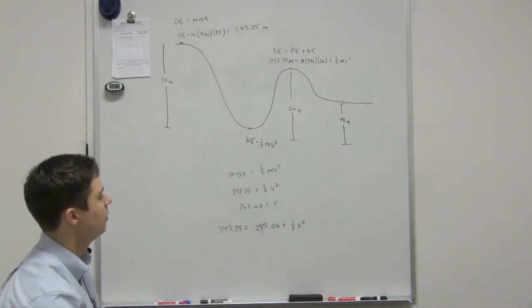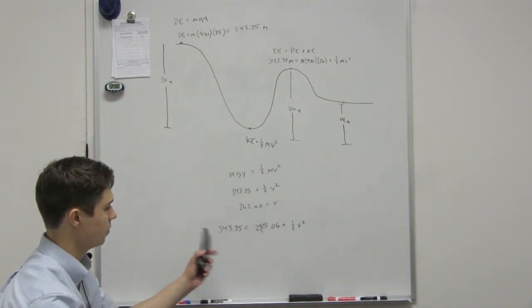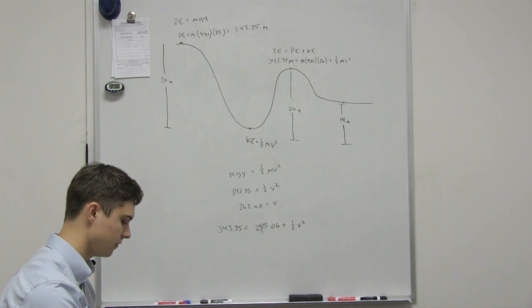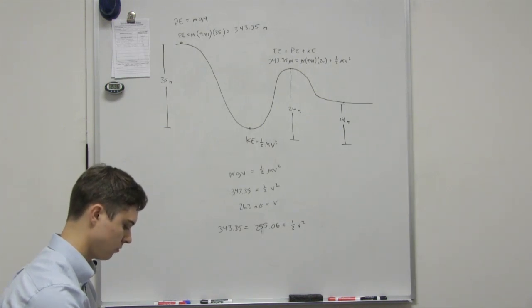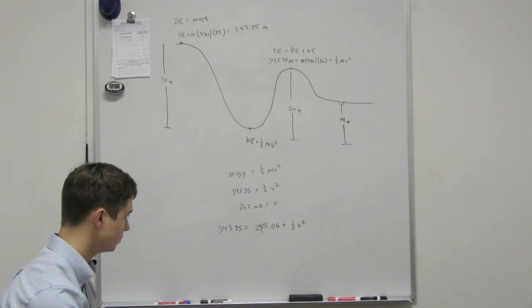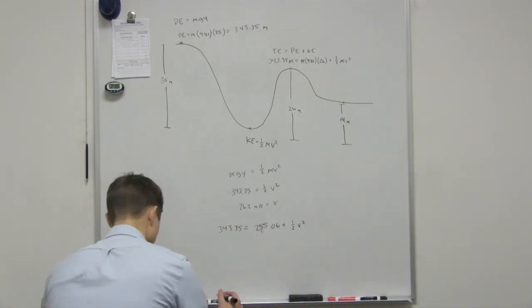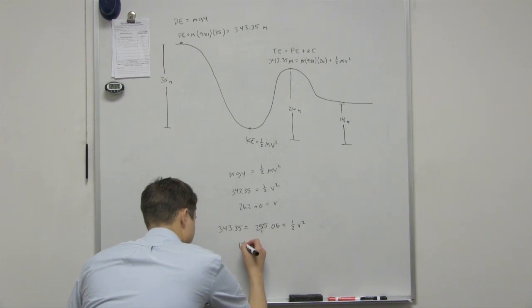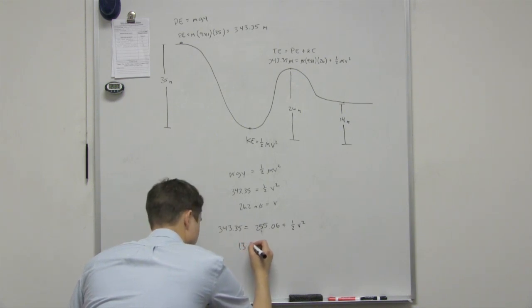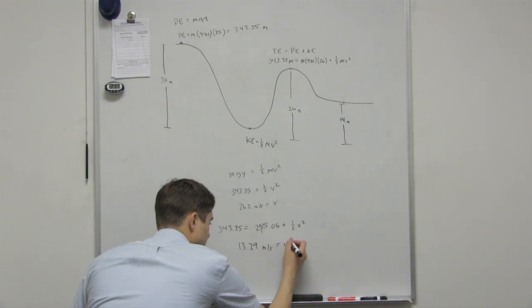So again, because of cancellation, we end up with an equation that only has one variable, so we can solve. So I got 13.29 meters per second equals V.